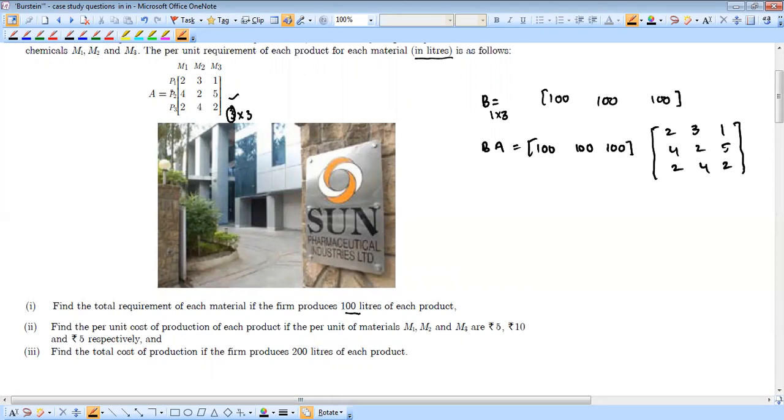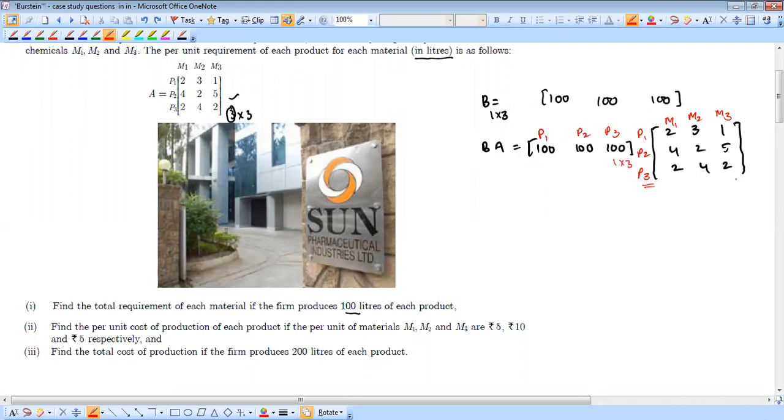In the question, they have given that P1, P2, P3, and M1, M2, M3. So obviously, whatever the columns, your rows should be the same: P1, P2, P3. Now when you multiply, this is a 1 by 3 matrix and this is 3 by 3.